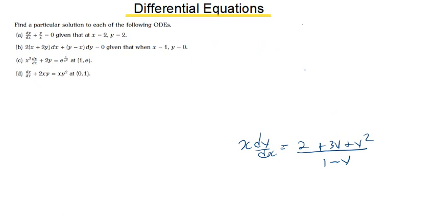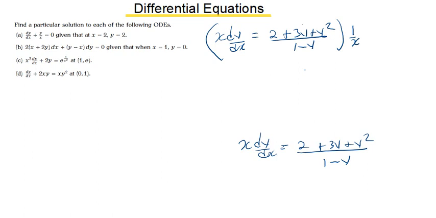So at this point we can do the separation of variables. I have x dv/dx equals 2 plus 3v plus v squared divided by 1 minus v. So I'm going to multiply both sides by 1 over x, and also by dx, then also by 1 minus v divided by 2 plus 3v plus v squared.